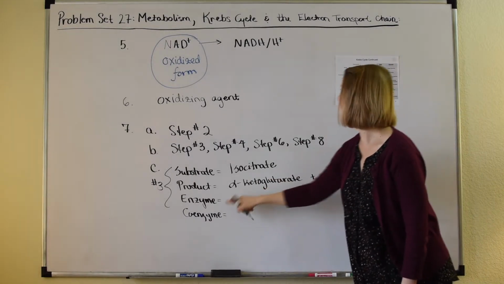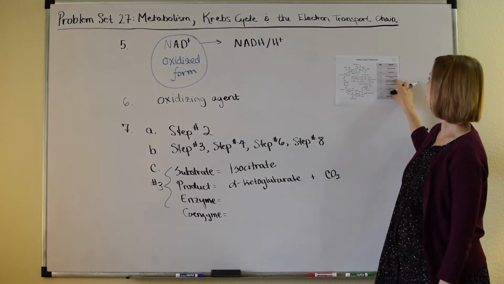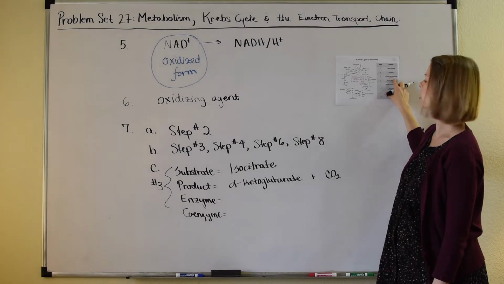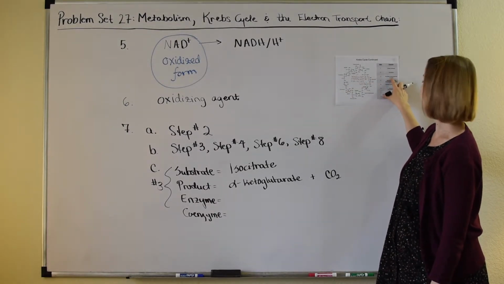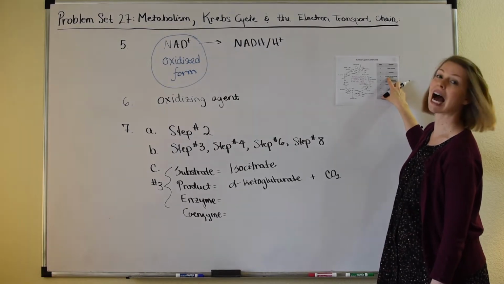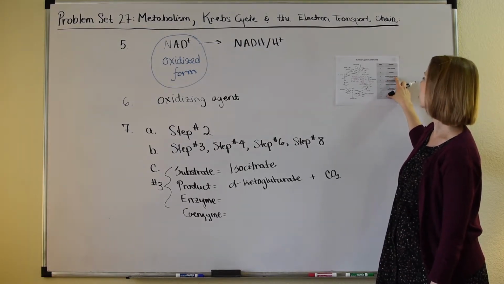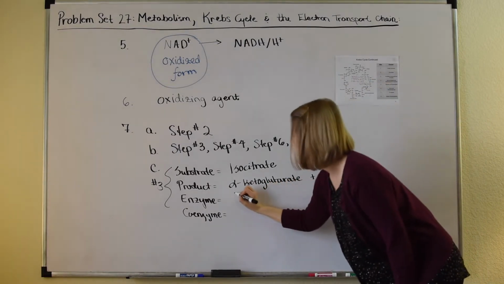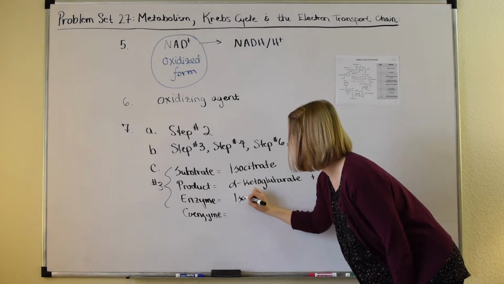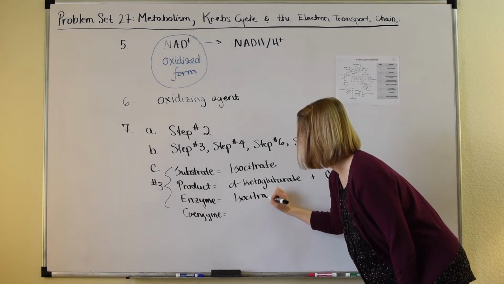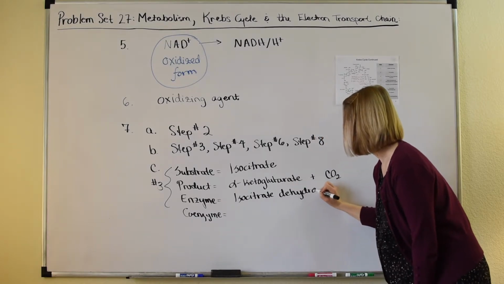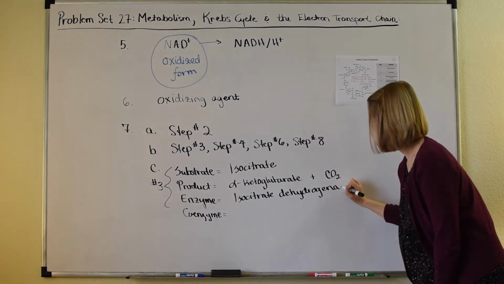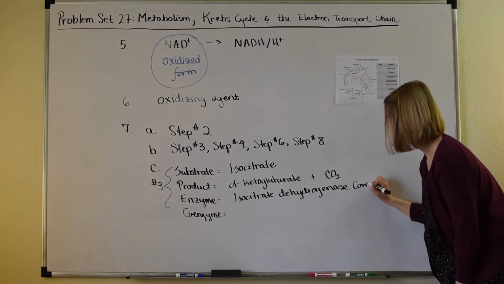And the enzyme for step number 3, I wrote over here in this chart. Remember, it was a little too busy with all the enzyme names in it. So we just look it up over here for step 3. It's isocitrate dehydrogenase complex. That's quite a long one to write. Isocitrate dehydrogenase complex. Okay.